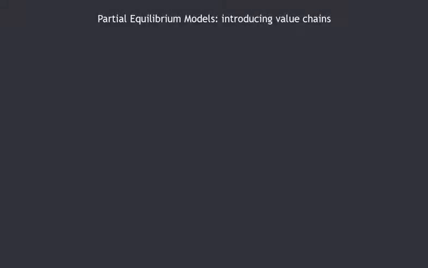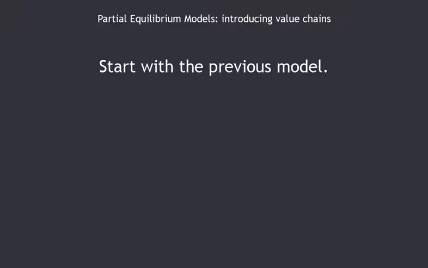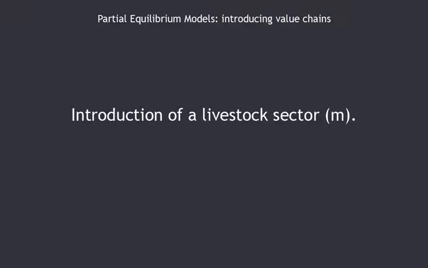So how are we going to model this very simple value chain? What I'm going to ask you is to start with the previous model, a model of a world market. We are going to apply this model to the soy sector instead of the wheat sector, and introduce a second sector, initially with exactly the same structure: the livestock sector.